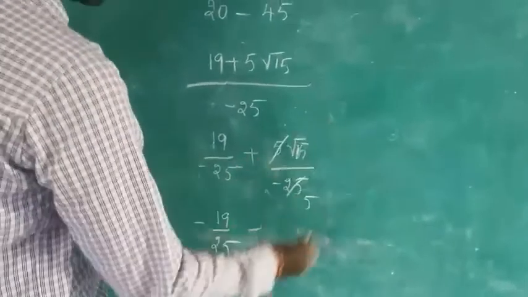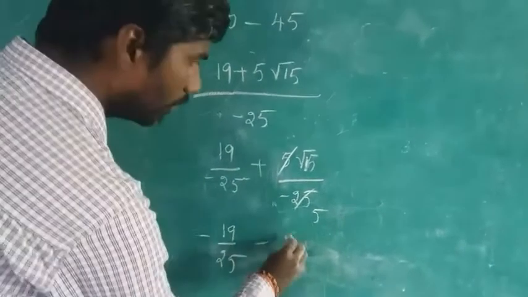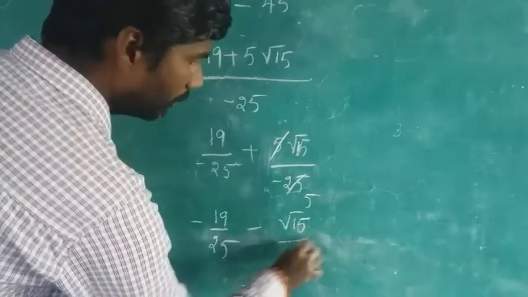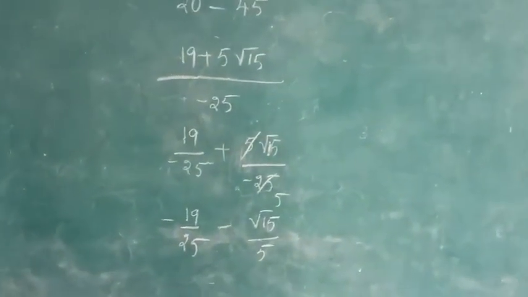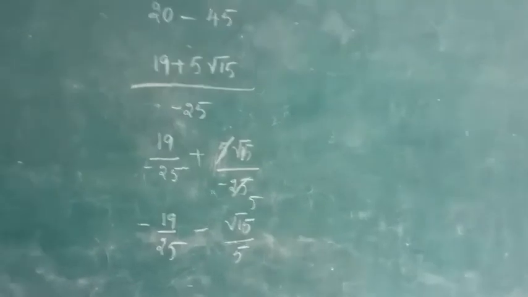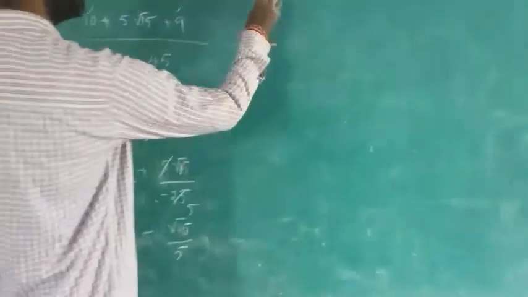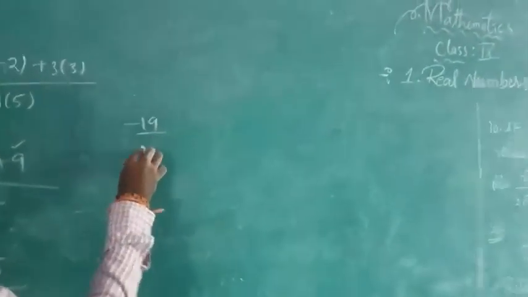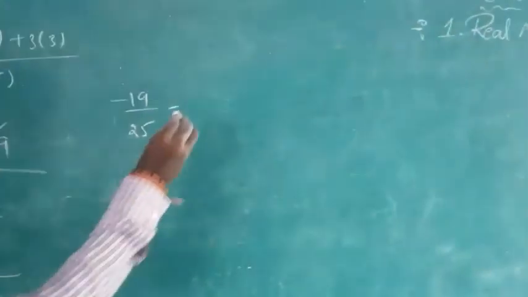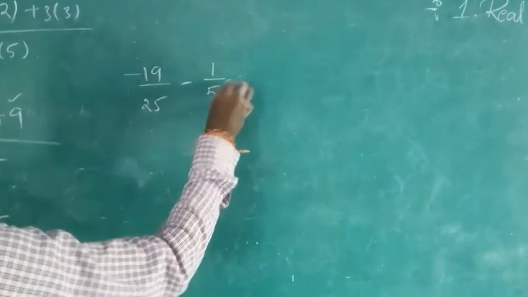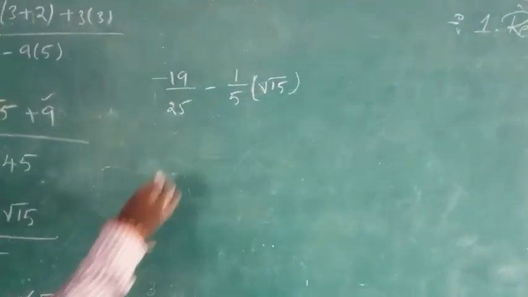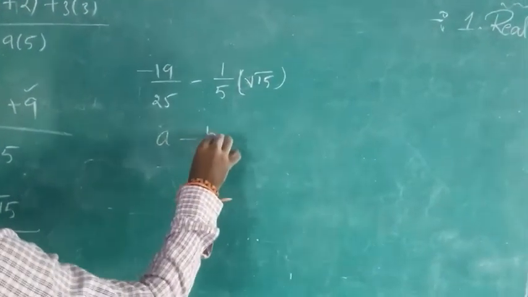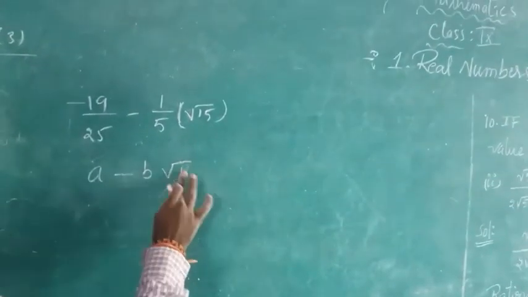So what you will write here is root 15 by 5. Right? You need to compare this with A minus B root 15. See clearly, let me write minus 19 by 25 minus, and this I can write as 1 by 5 into root 15 also. So similarly I am writing clearly A minus B root 15.